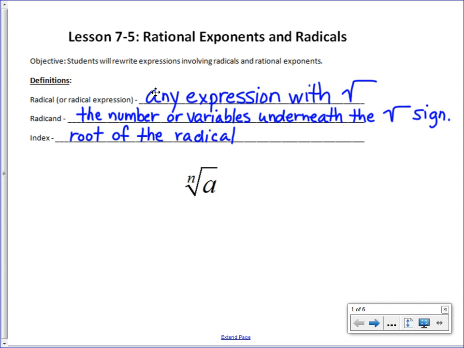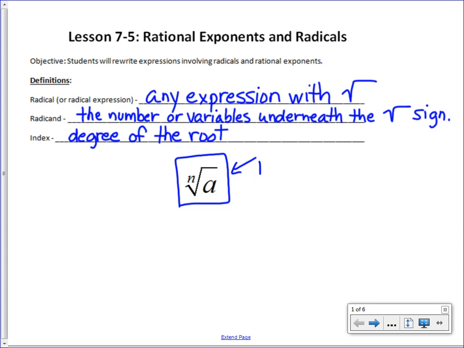All right. Actually, I'm going to reword that. Let's redefine that as the degree of the root. Now this will make sense here in a minute, I think, with our example. This entire expression right here is what we would call a radical, or a radical expression.